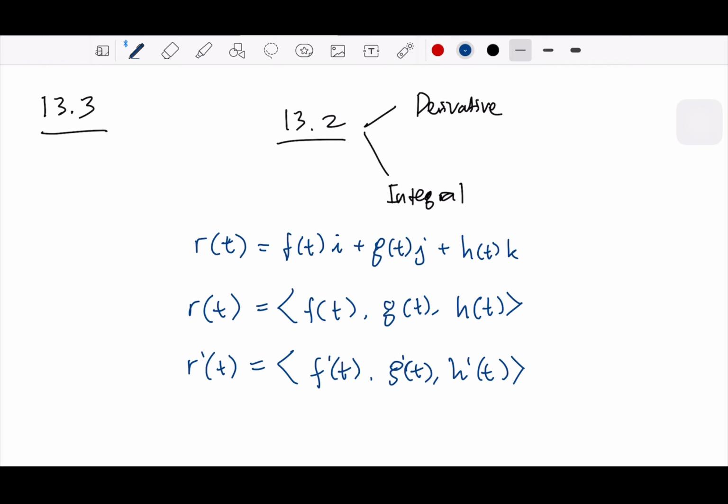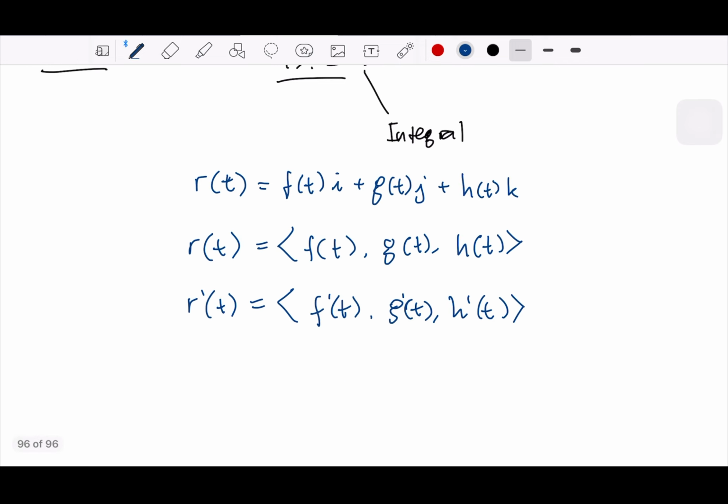And the same thing when you have integrations. What you're going to do is integrate each component. I'm not really giving an official proof, but you can just watch the video that I prepared.